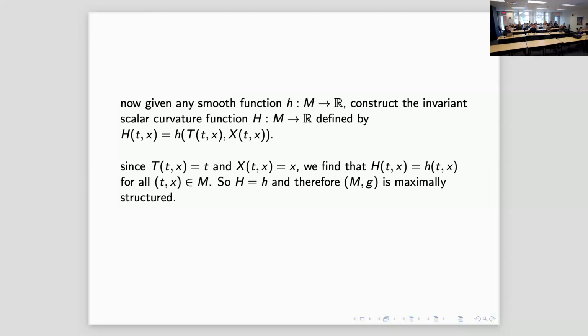I don't know where it comes from. You just give it to me. And then what I'm going to do is construct an invariant scalar curvature function, big H, and I'm going to do it by sending T and X to wherever little h sends big T and big X. And since big T just is little t and big X just is little x, we find that these functions are the same. And so MG is maximally structured.